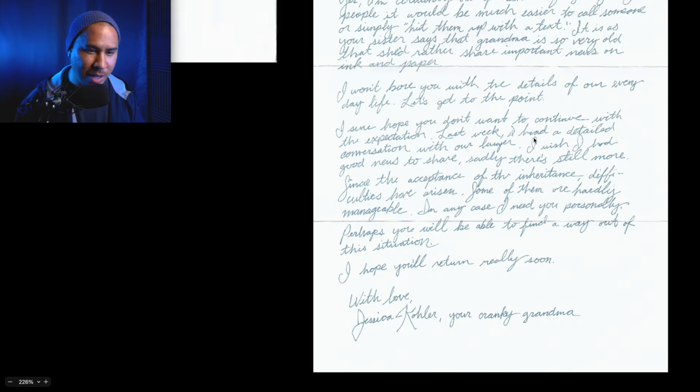Last week I had a detailed conversation with our lawyer. I wish I had good news to share. Sadly, there's still more. Since the acceptance of the inheritance, difficulties have arisen. Some of them are hardly manageable. In any case, I need you personally. Perhaps you will be able to find a way out of this situation. I hope you'll return really soon. With love, Jessica Kohler, your cranky grandma.